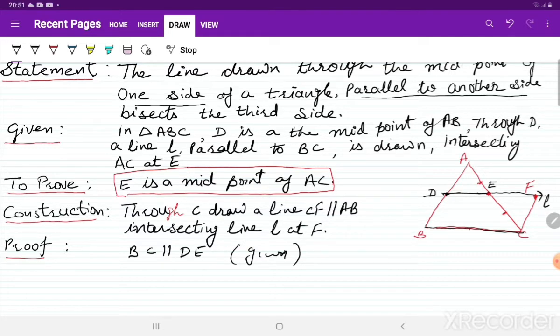And one more line: this side BD is parallel to CF. Why are these two lines parallel? By construction. So we'll write the reason here: BD is parallel to CF, by construction. Now, BC is parallel to DE and BD is parallel to CF.